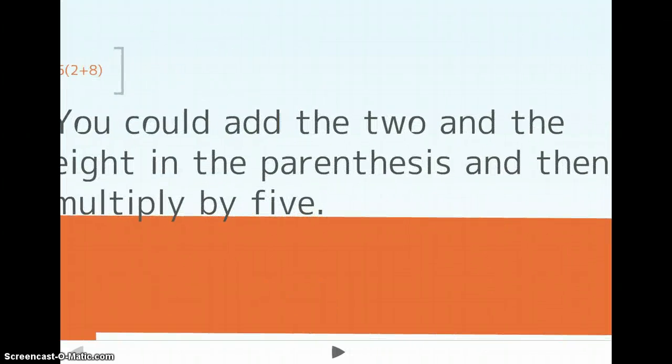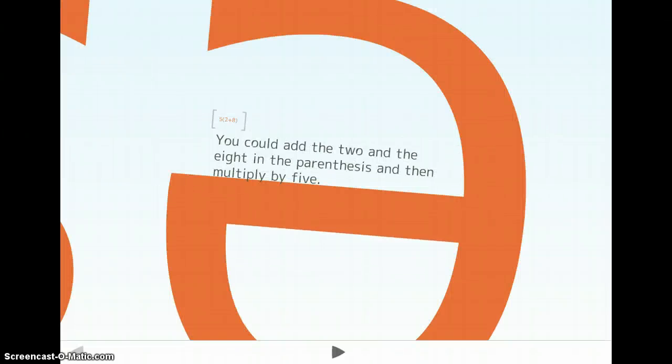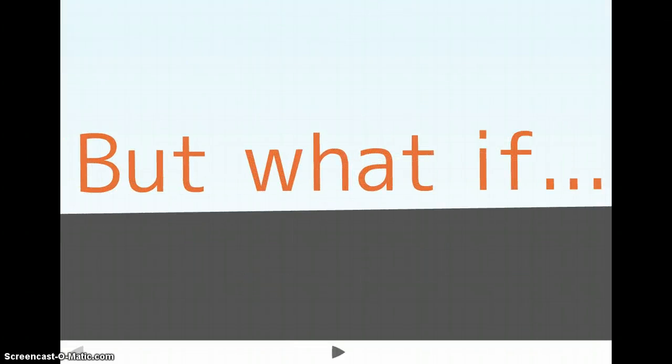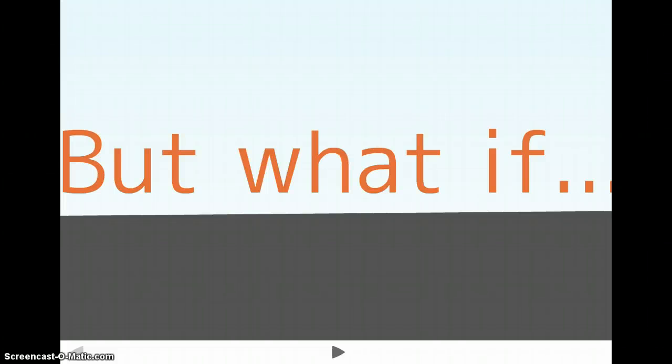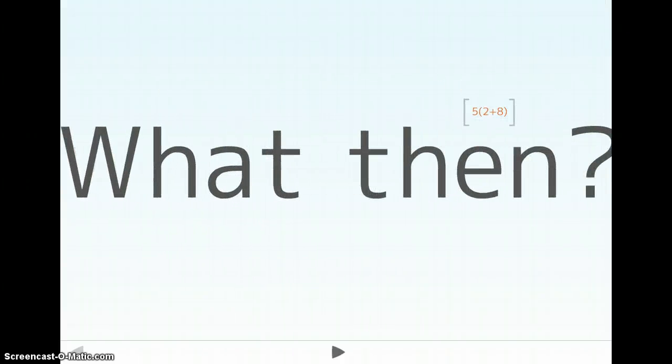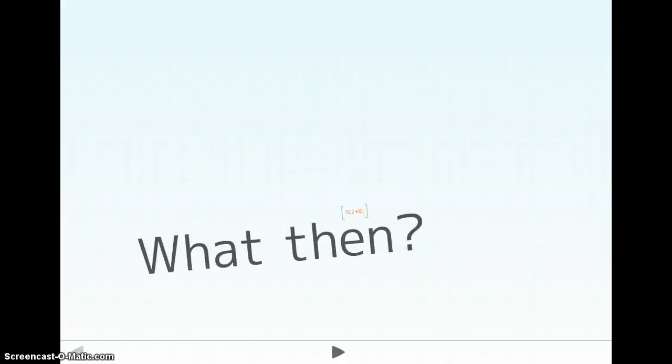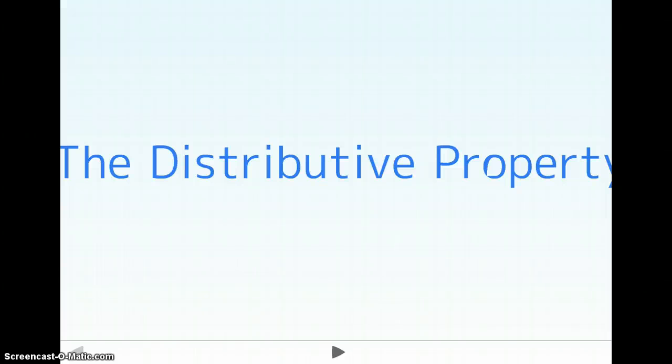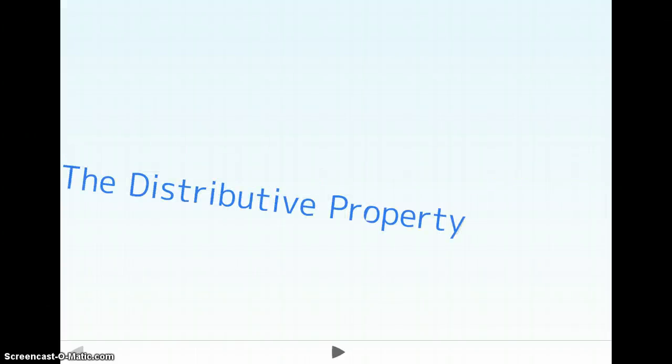You could add the 2 and the 8 in the parentheses and then multiply by 5. We use the distributive property.